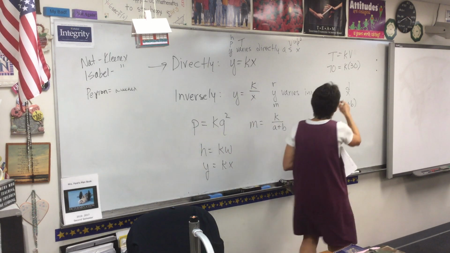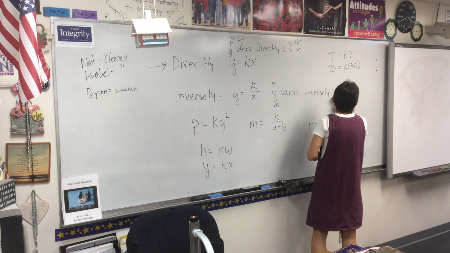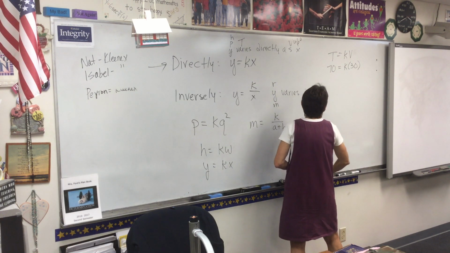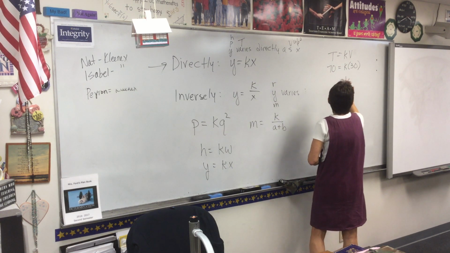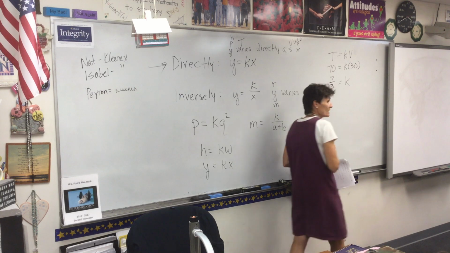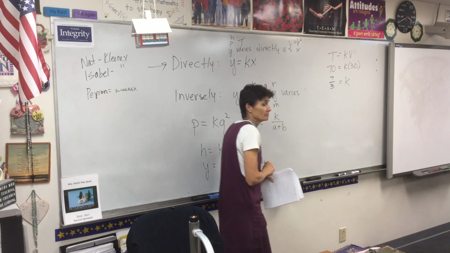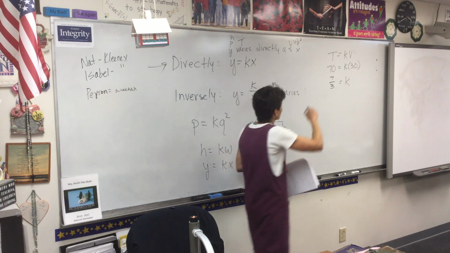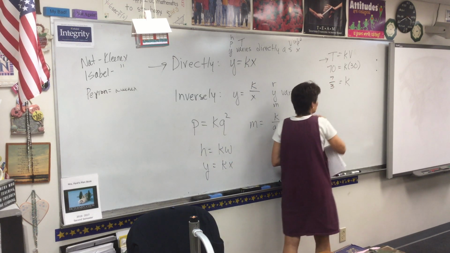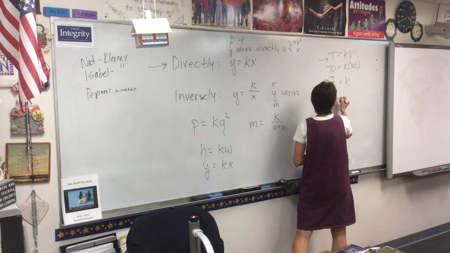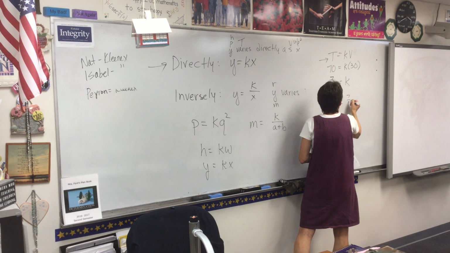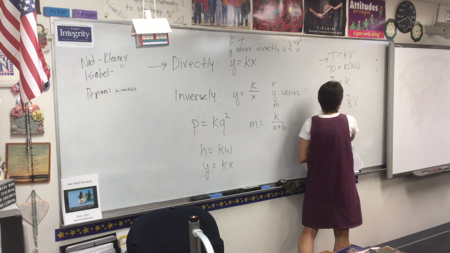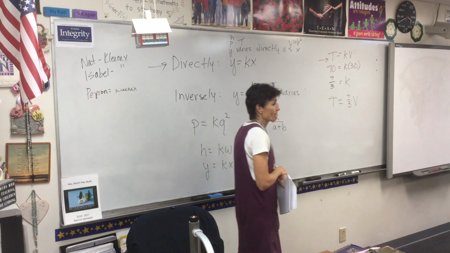So that tells me K equals 7/3, 70 over 30. So now if I go back to my beginning equation, now I know T equals 7/3 times V.